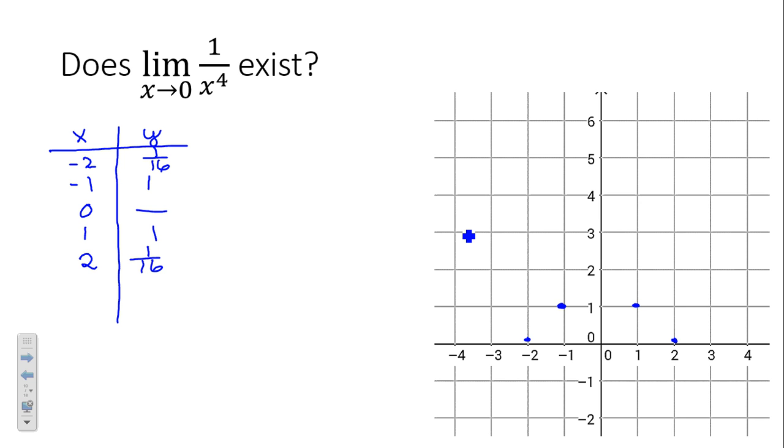What would happen if we did a -1/2? Getting closer to 0. What happens when we take -1/2 to the 4th power? It becomes 2 to the 4th, right? So we're way up here at, what, 16? And the same thing would happen if we plugged in a +1/2. We'd be clear up at 16.